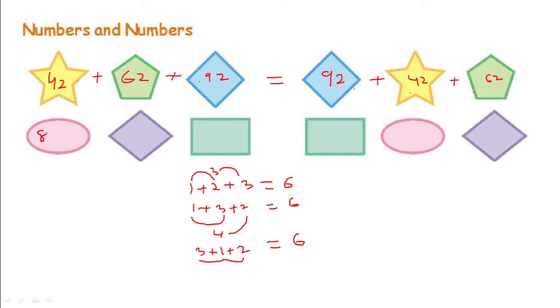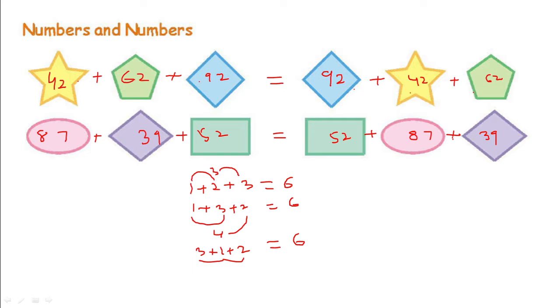Suppose 87, 39, 52. Oval shape 87, this square or kite shape 39, this rectangular shape 52. So if we change the order, rectangle 52, oval 87, and square or kite 39, still the sum remains the same.